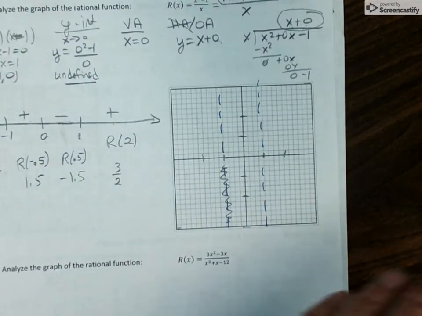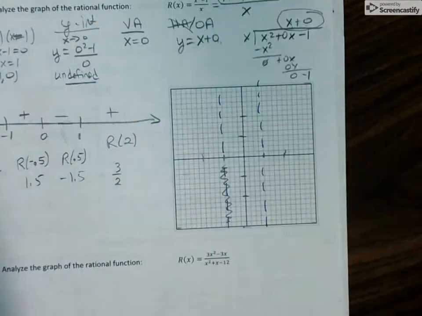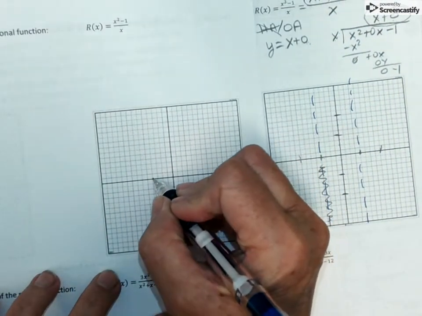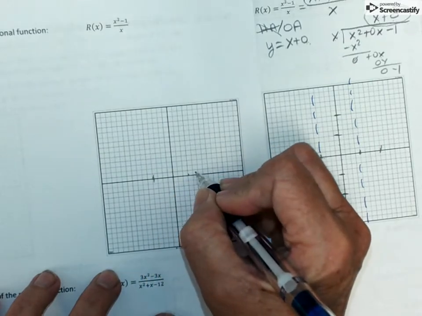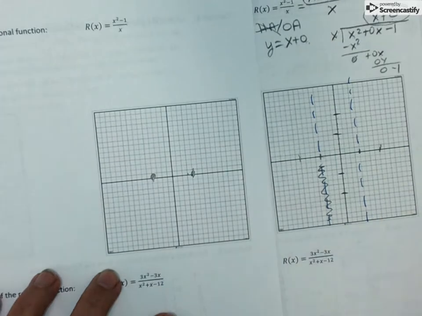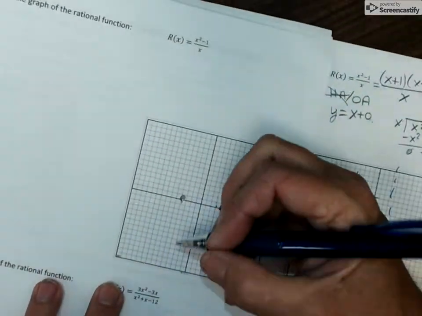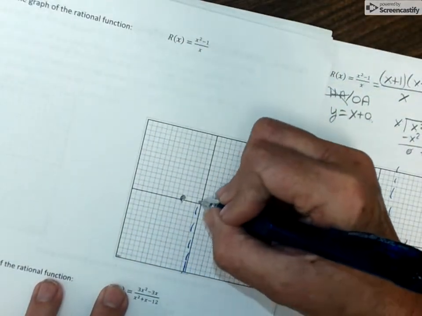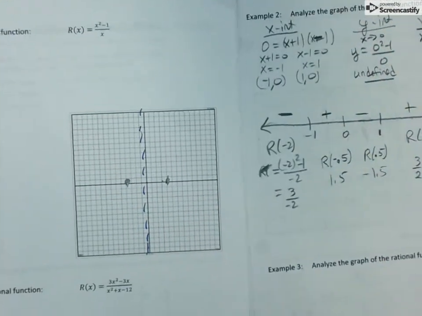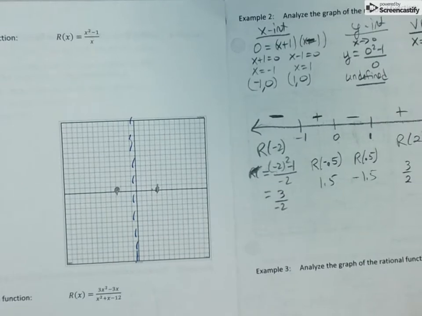Let's see if I have another one I can draw on. I do. Okay, I will draw it right here. And this is what happens. Those are x-intercepts. My actual vertical asymptote was at x equals 0. So let's put it right here so you can see both of these.